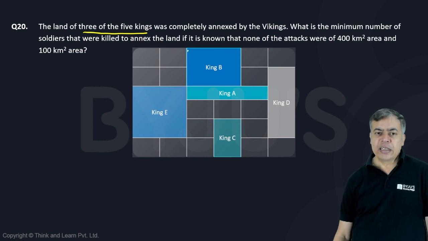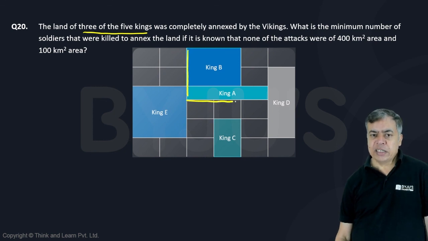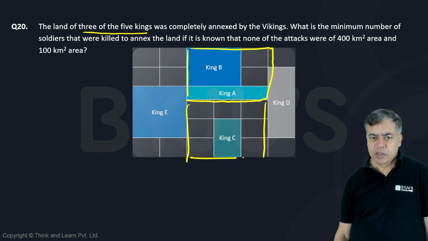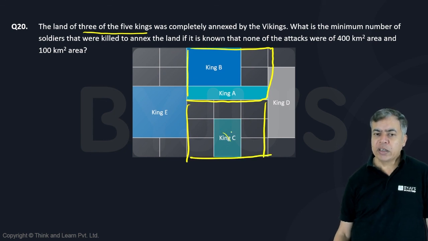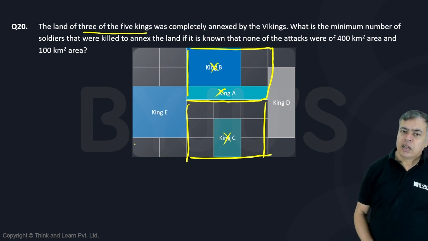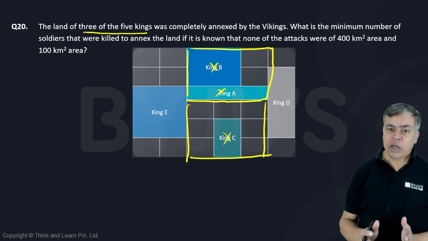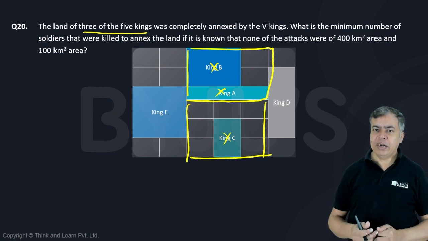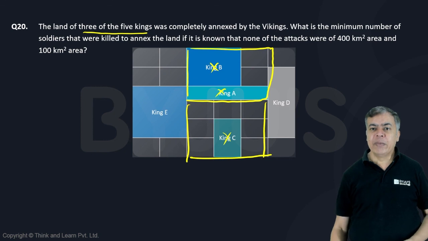So you can take this 3 by 3. This is 3 by 3 and this is also 3 by 3. So 3 kings will be gone. King C, King A, King B will be gone. And you are attacking only 2 times, 3 by 3, 3 by 3, and getting the minimum number of soldiers killed.